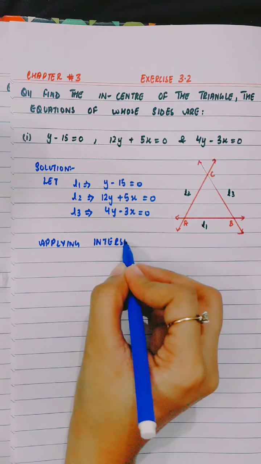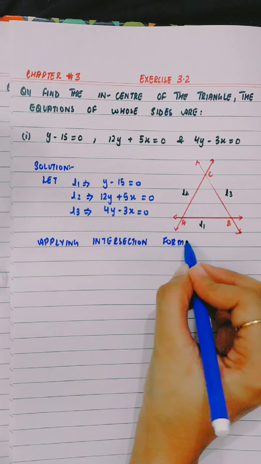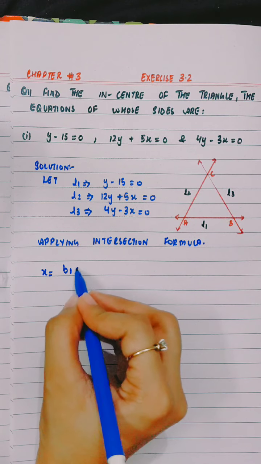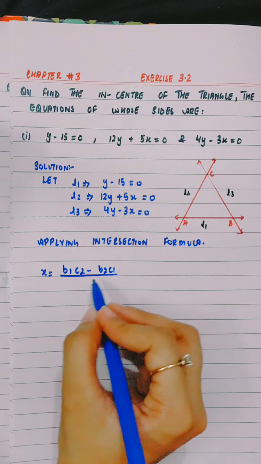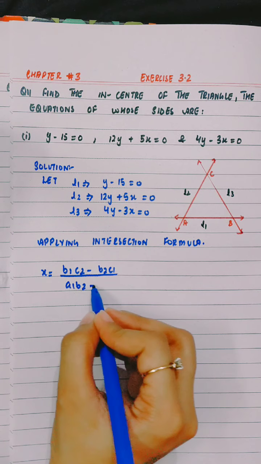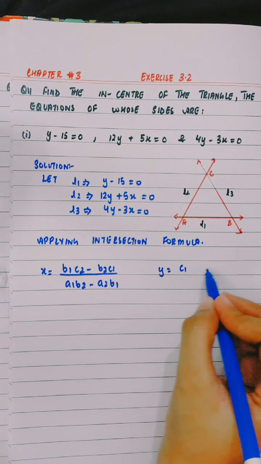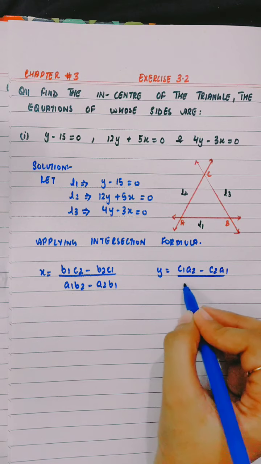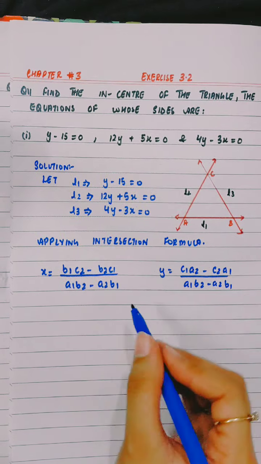Applying intersection formula, x is equals to b1c2 minus b2c1 divided by a1b2 minus a2b1. Y is equals to c1a2 minus c2a1 divided by a1b2 minus a2b1.